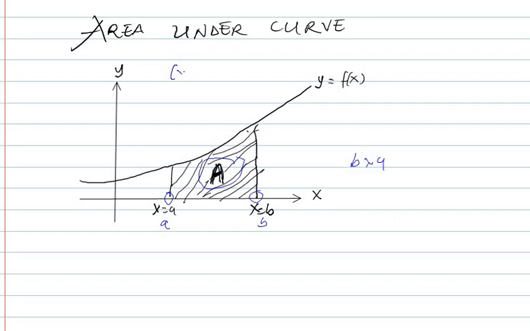So our coordinates, we have x and y. Here we have the x-axis, here we have the y-axis, which we shall denote the total area to be A of x.